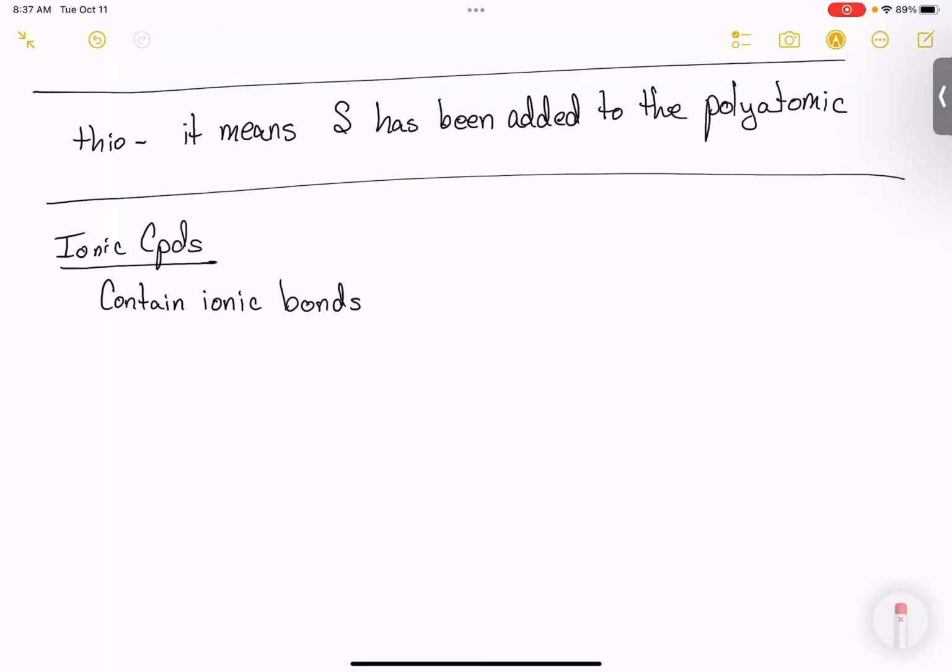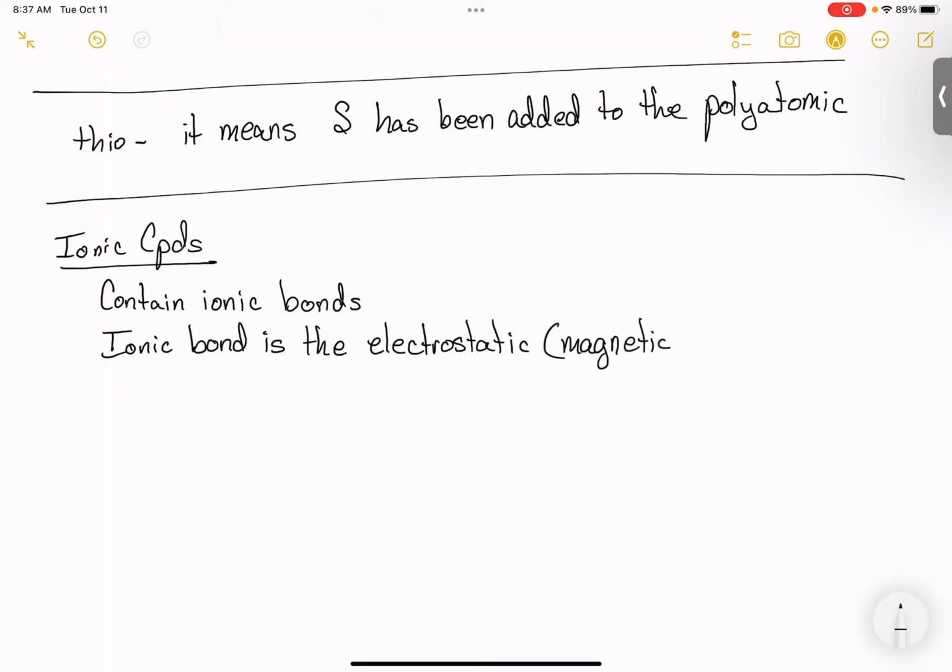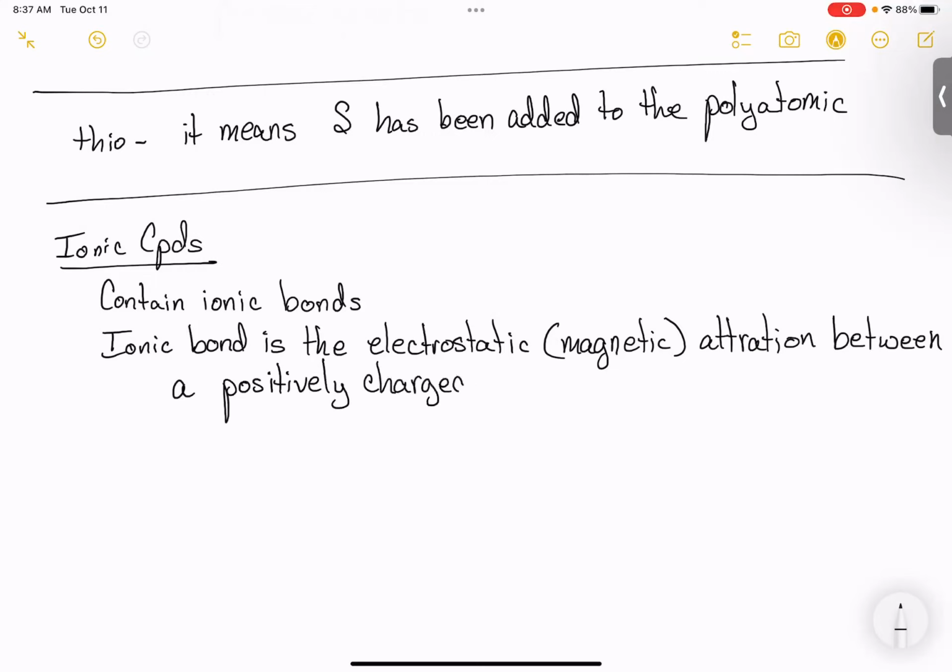An ionic bond is the electrostatic attraction, or magnetic attraction, between a positively charged cation and a negatively charged anion.